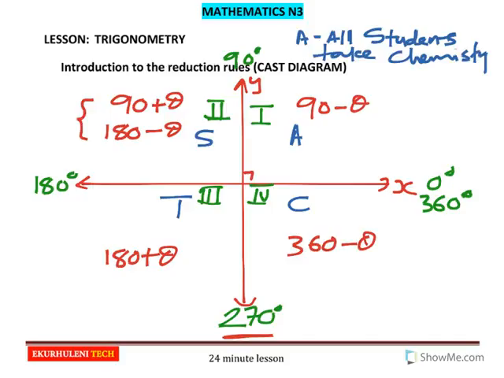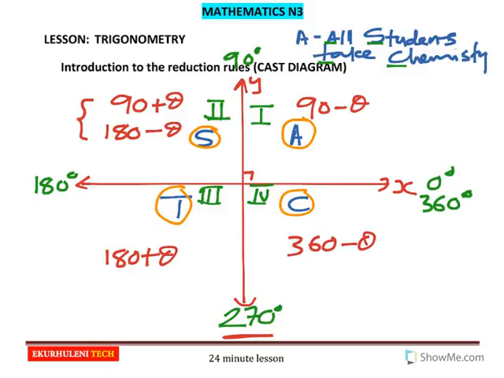That's how you can remember the CAST diagram. All students take chemistry. So this is the special CAST diagram, and this diagram is very, very important for remembering the reduction rules.